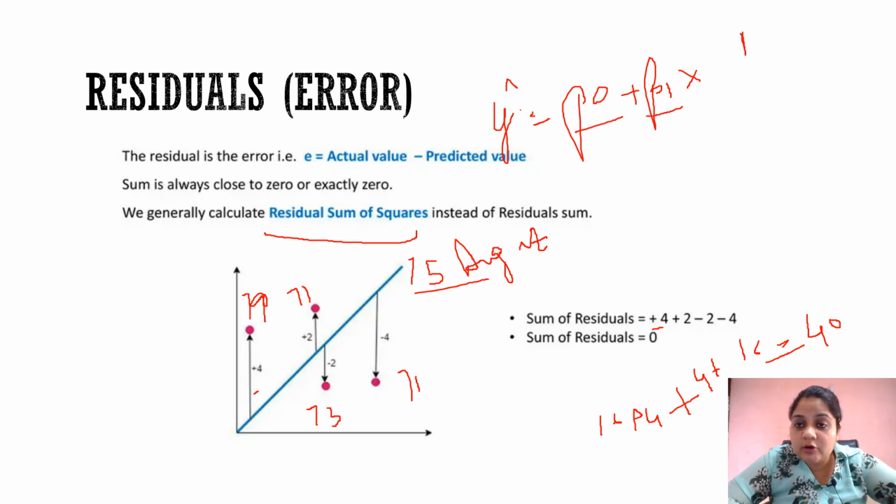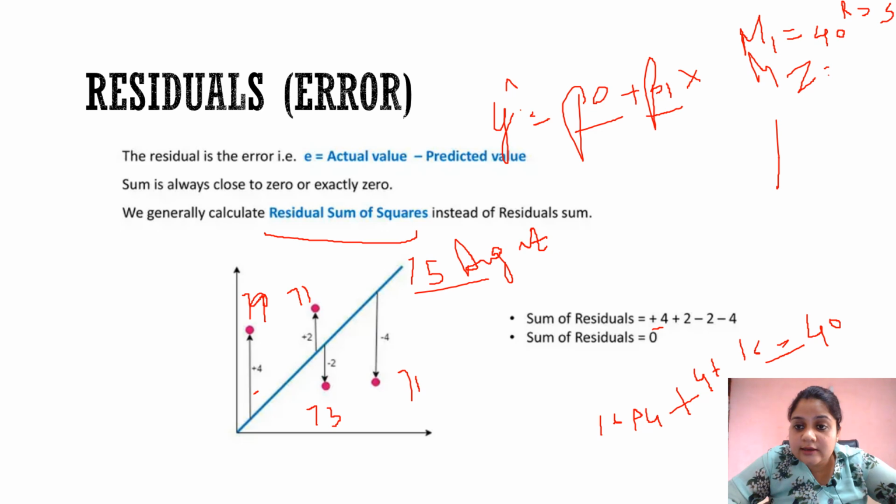Let's call this model 1. Model 1 has a sum of squared residuals, which we call RSS, and RSS's value is 40 for this particular model. Similarly, we find different values of the coefficients beta naught and beta 1, and so on.